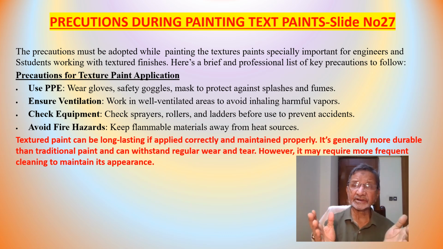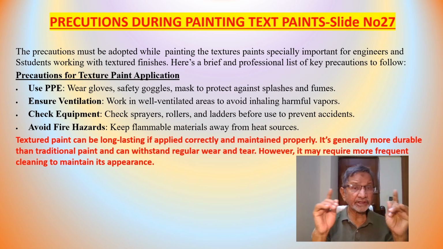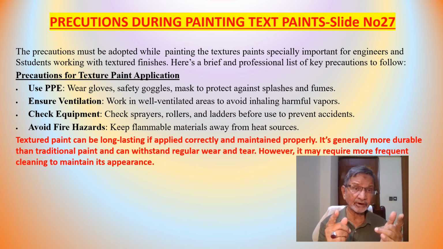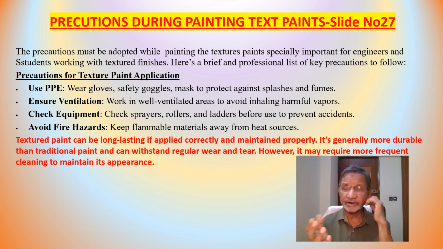Avoid fire hazards. I mean, there should not be any smoking allowed for the workers, so that there is no fire hazard. If there is any stove or a welding machine working, no, not at all.